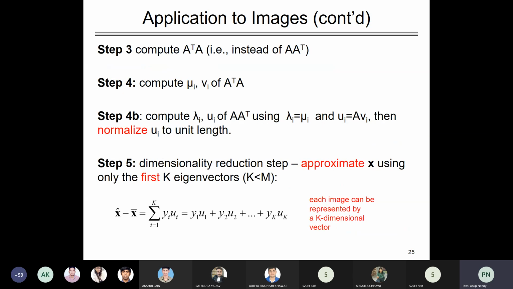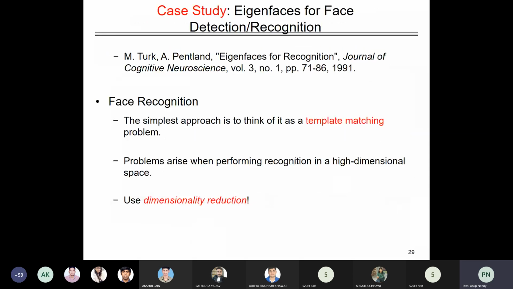I will share this PPT. There is a very important paper, Turk and Pentland, Eigenfaces for Recognition. You have these facial images, and I have step-by-step implementation modules that I will share with you.